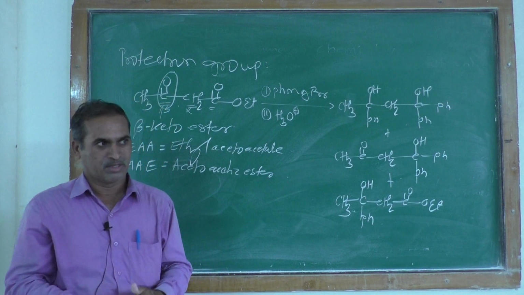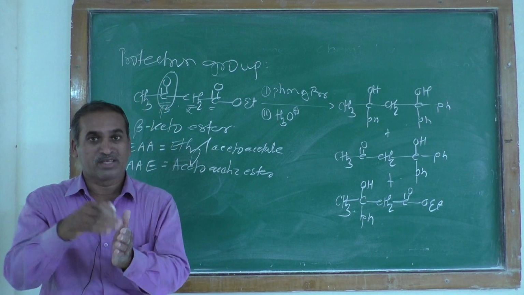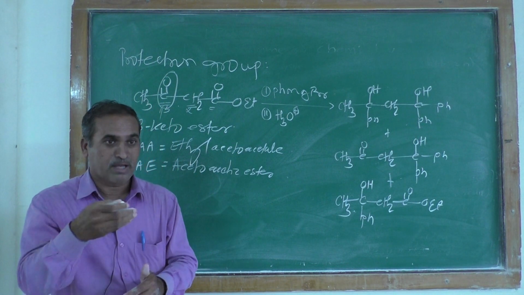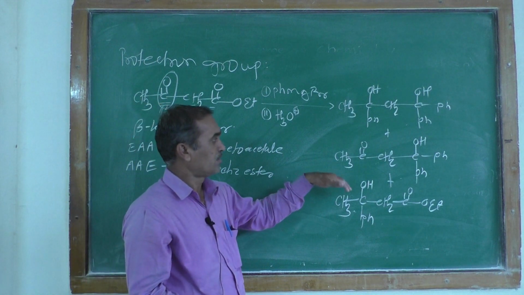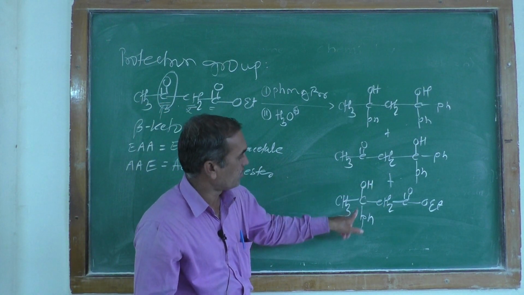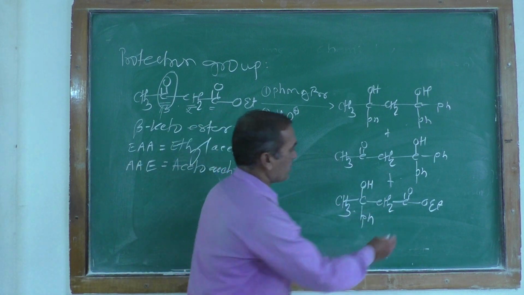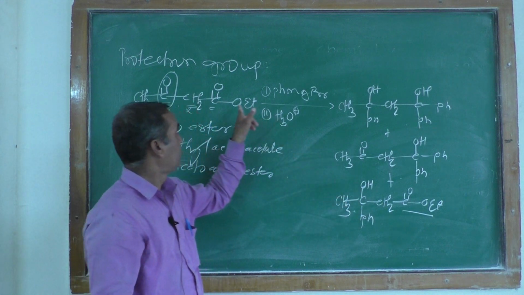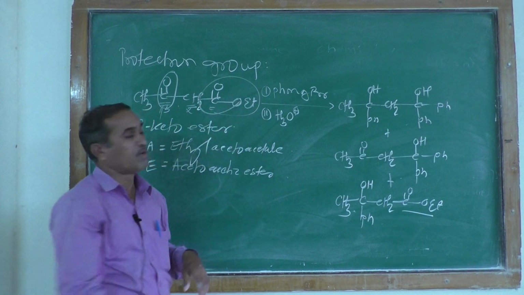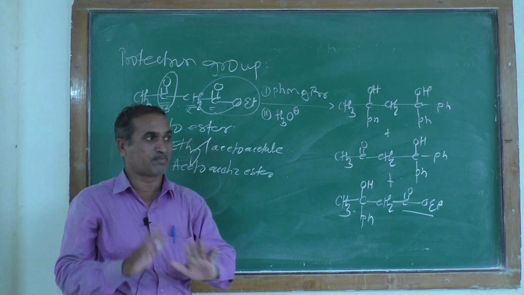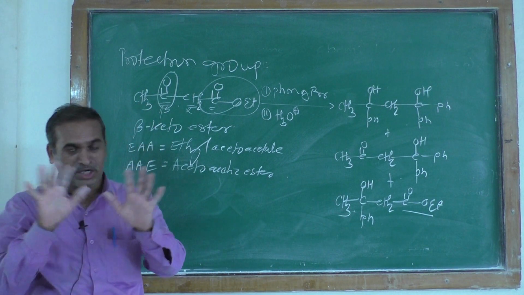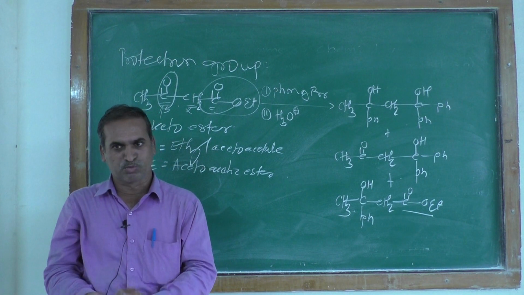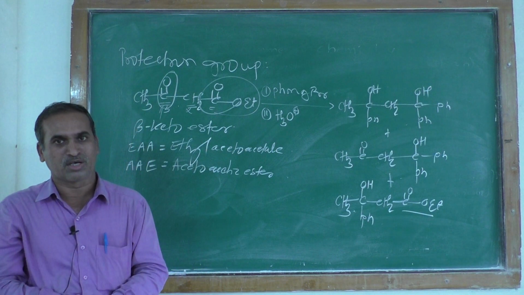There are various protecting groups, and while studying the protection of carbonyl groups, at that time we will learn those things. Here the ester group remains free as it is, but here it is impossible. Here you have to protect this group, and then you will get this type of compound. This is a general introduction to protection and deprotection, how it is useful, and why we have chosen this course.